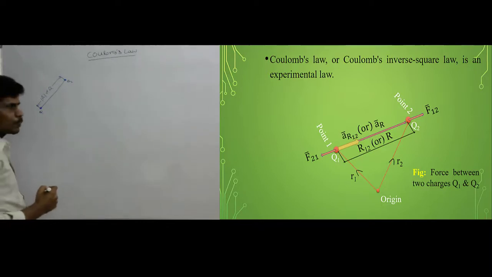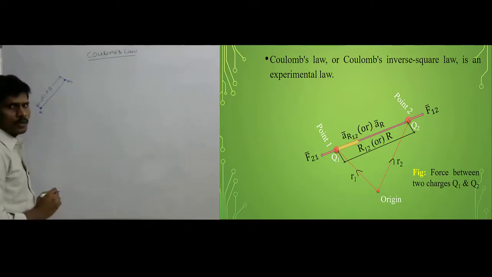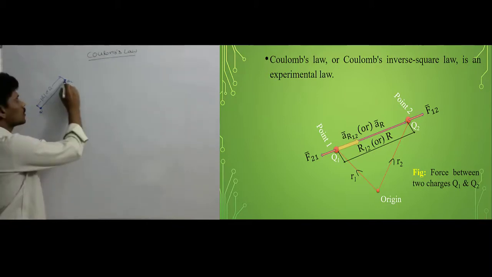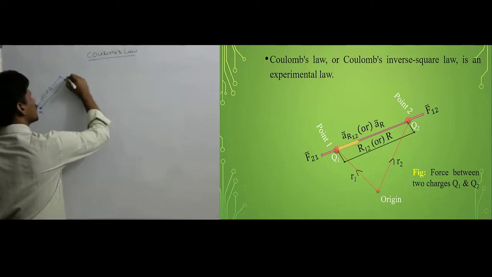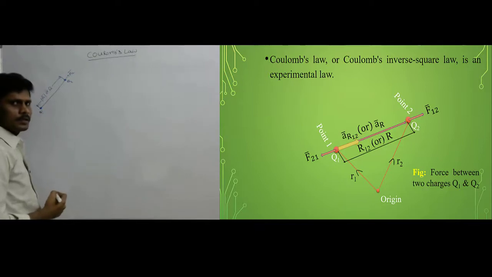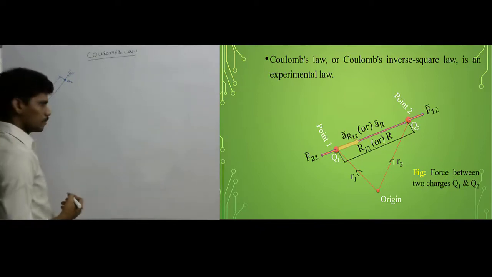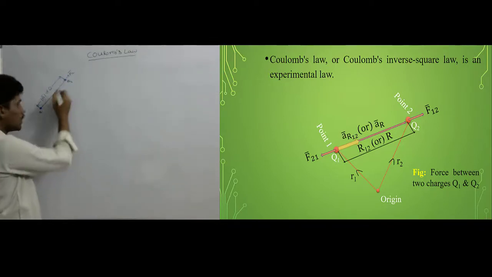Now calculate the force on charge Q2 due to Q1. Along this direction the force is F12 bar. Similarly, calculate the force on charge Q1 due to Q2.